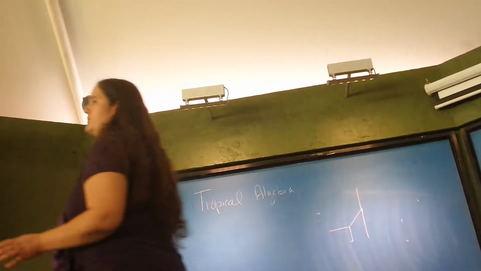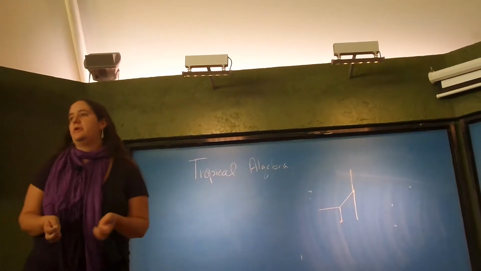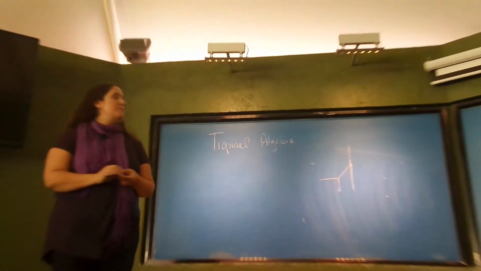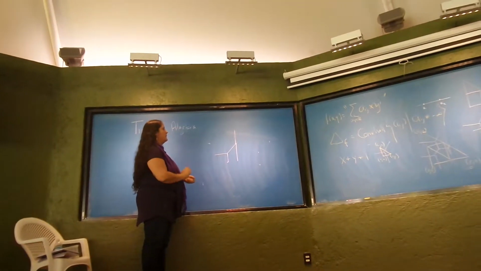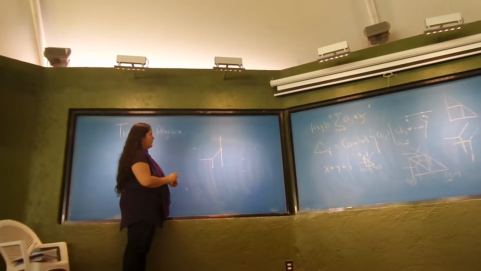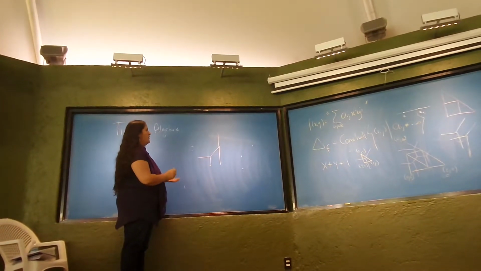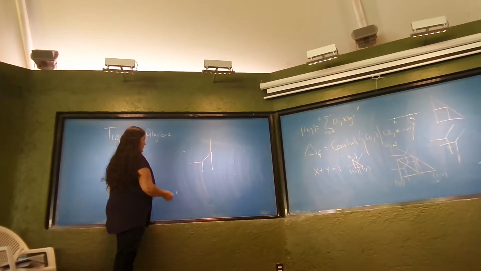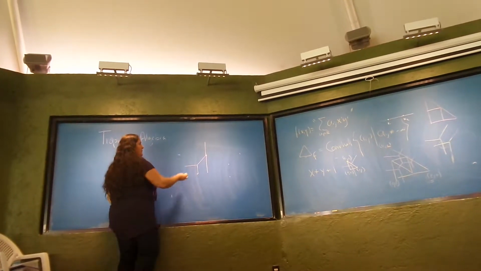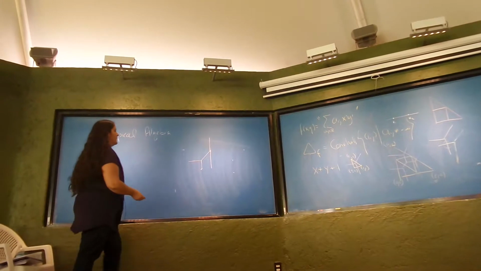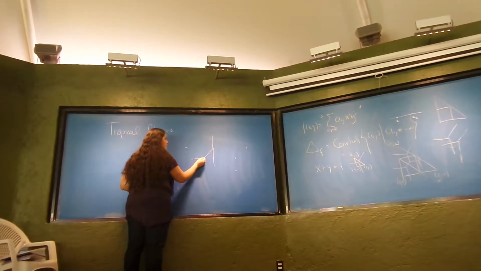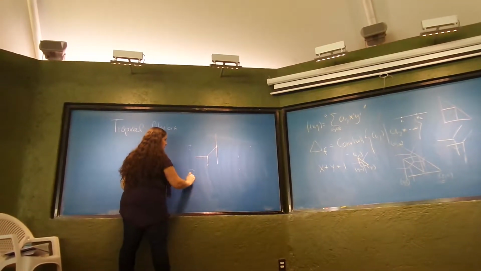How can I know that it's a tropical curve or not? Okay, this one is a graph with rational slopes, but it's not a tropical curve. And the only condition we need to guarantee that this is a tropical curve is what is called the balance condition.